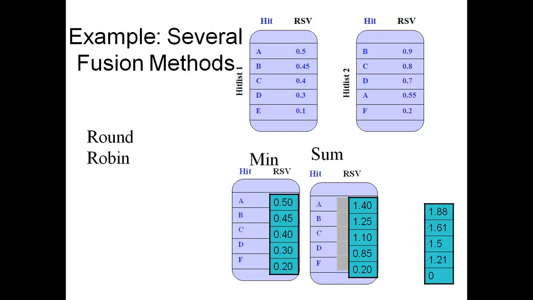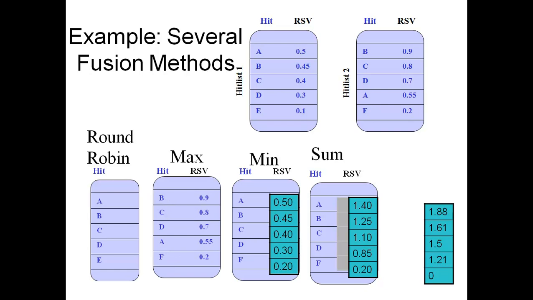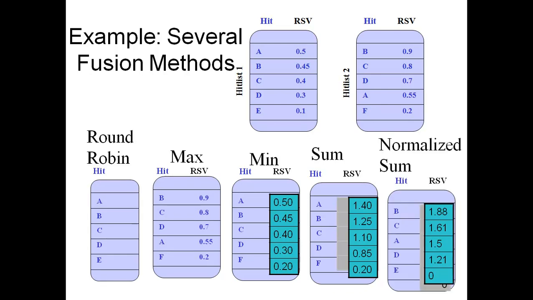In this case, just to show, of course, the fusion method has an effect. I use the minimum and here the sum. What else? Normalized sum, maybe. Round robin, max, and normalized sum. We have two initial searches, and here we have 5 different methods for fusion, and we see sometimes A wins, sometimes it doesn't.